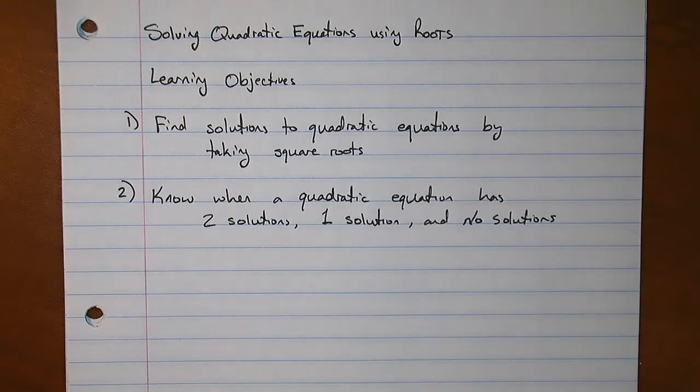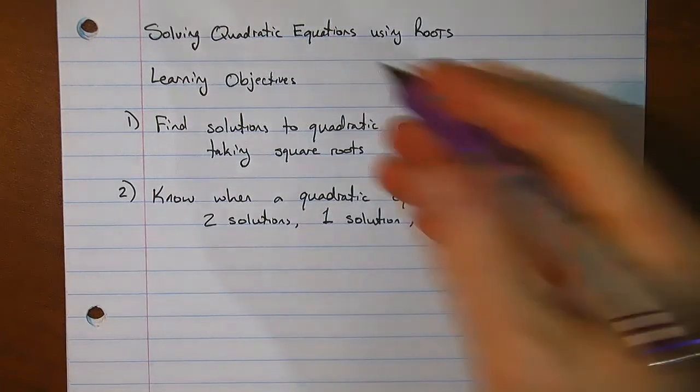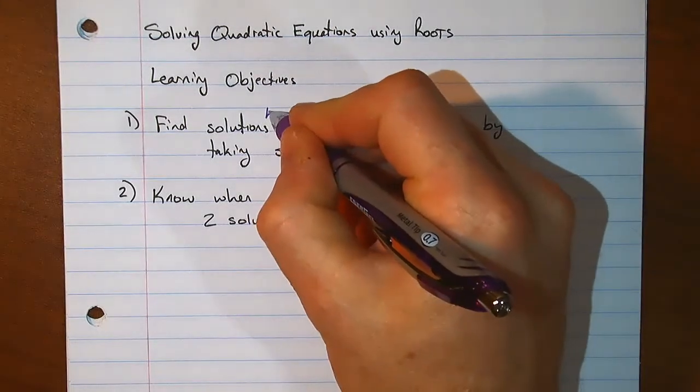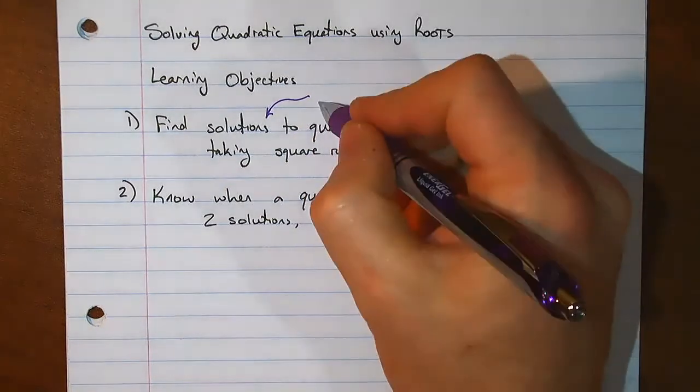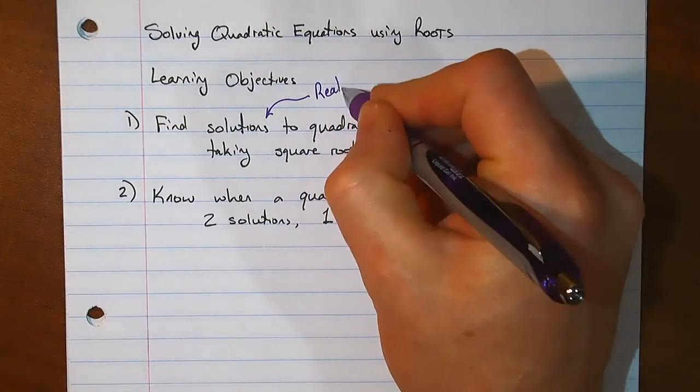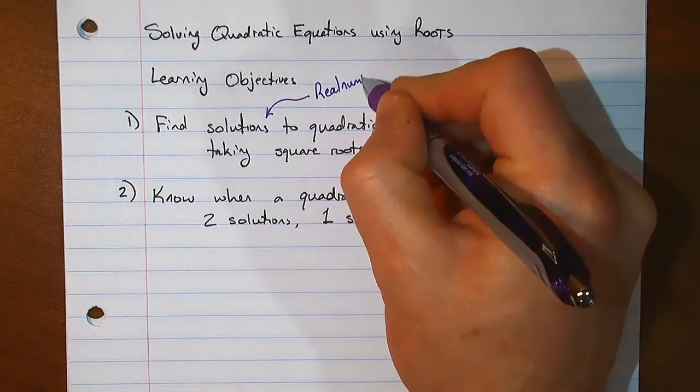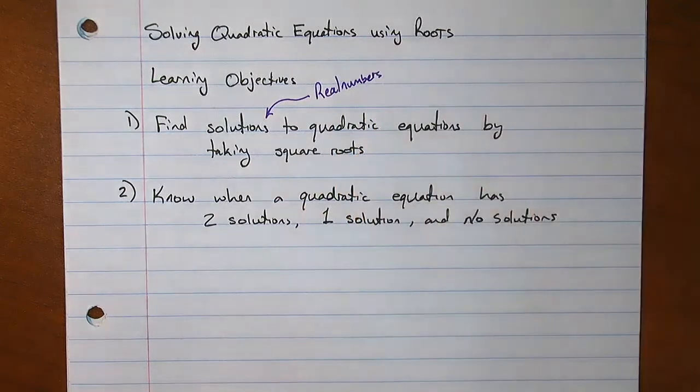One other thing that I might mention, when we talk about finding solutions at this point in our class right now, we are still dealing with the set of real numbers. So remember, from the very, very first lesson of the school year, there are different number sets.